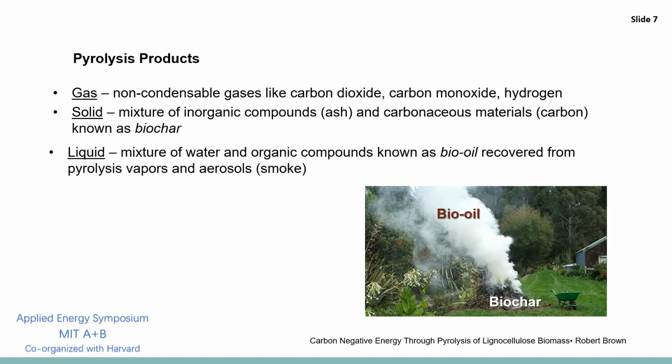And there are also liquids, which we sometimes refer to as bio-oil. I'm illustrating here a gardener burning vegetable matter in his backyard, and you'll see the white smoke is actually bio-oil, which we would condense as a valuable energy product. But there's also biochar produced, the black material, in the pile of burning material.